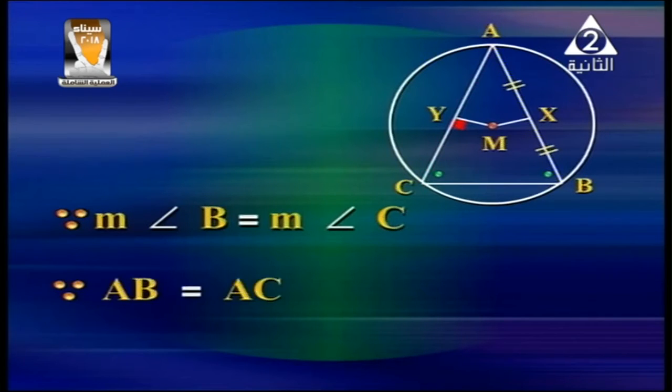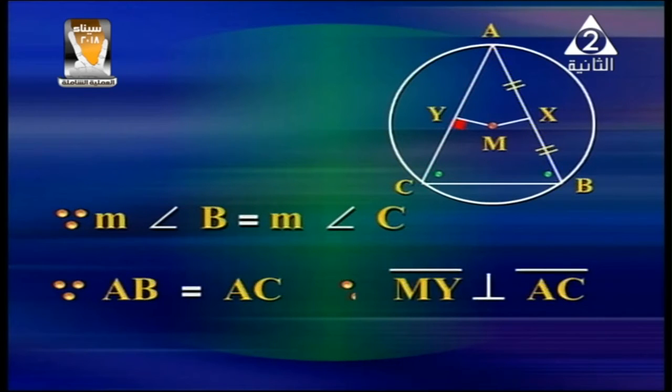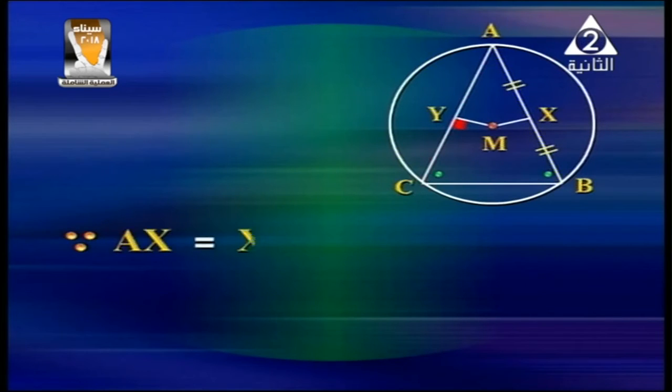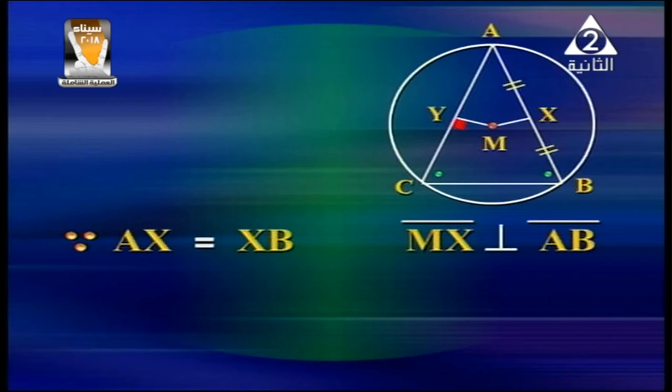So AB equals AC. Since MY is perpendicular on AC, therefore AX equals XB. And since MX is perpendicular on AB, therefore, that's correct, MX equals MY.